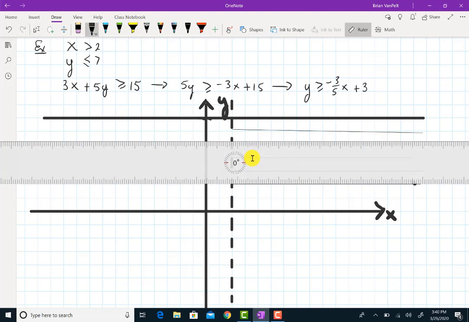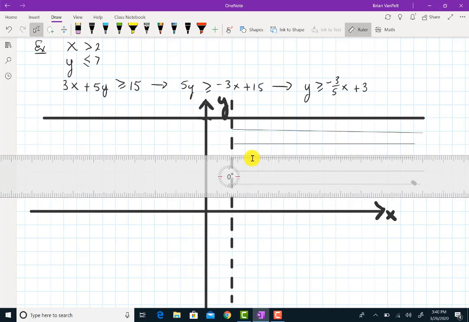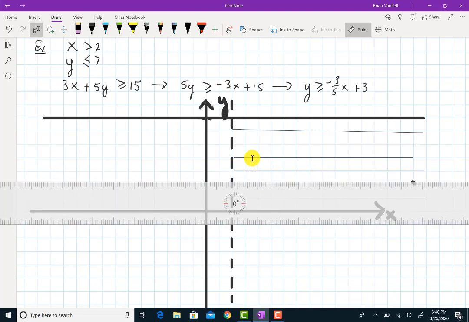And notice all of these have x values that are greater than 2 and y values that are less than or equal to 7.